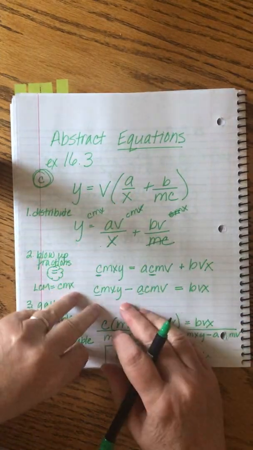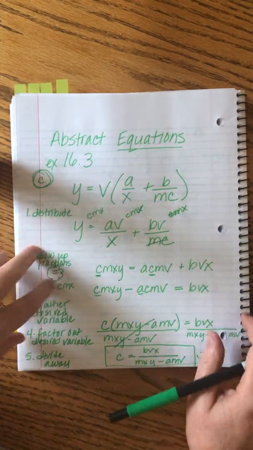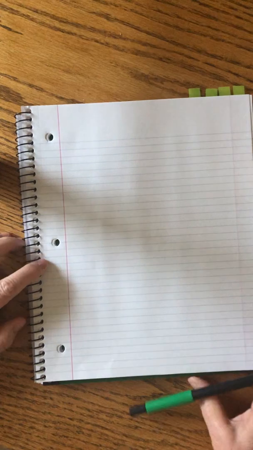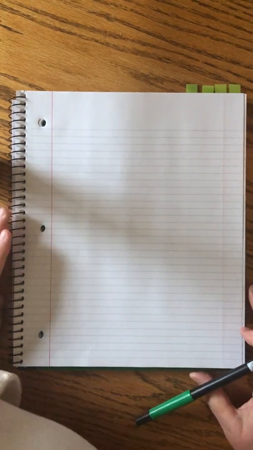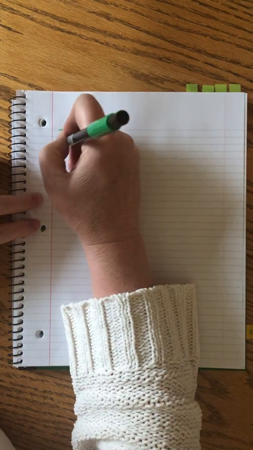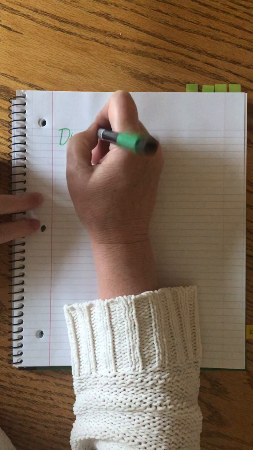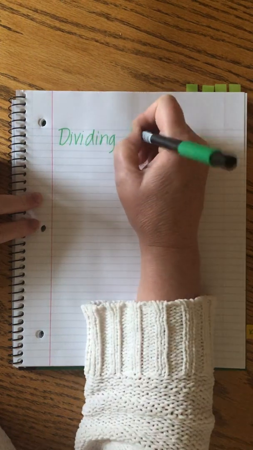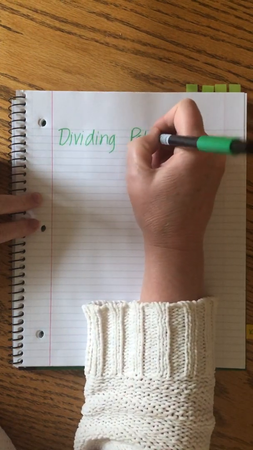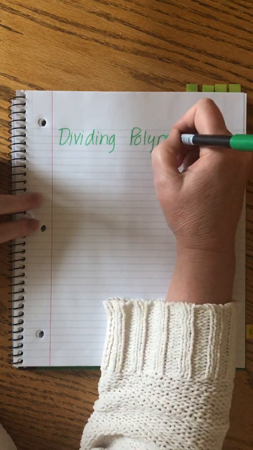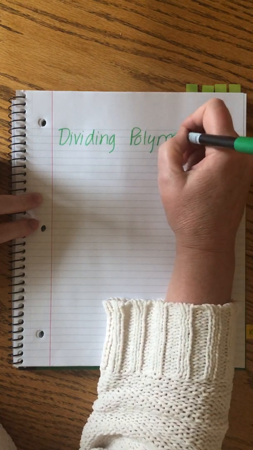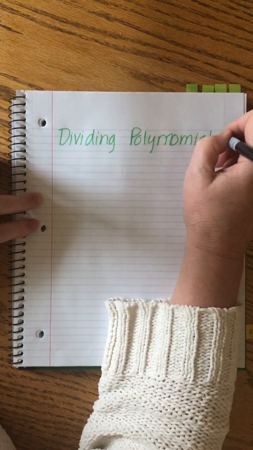These two steps, the complex fractions and the abstract equations, we use quite often in upper mathematics, yes. This last one that we're gonna do, dividing polynomials, this is a dead end. We rarely use this process in upper maths. It's more of a parlor trick.